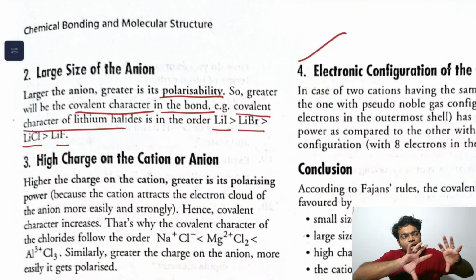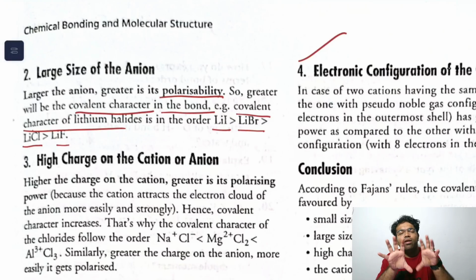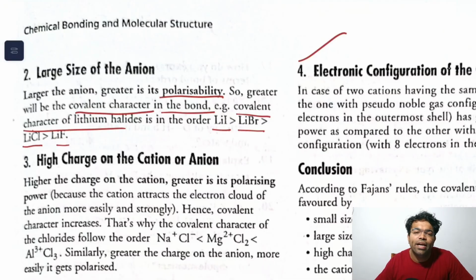So due to polarization, you are having some covalent character present. Okay, I'm sorry if I said molecule, I'm talking about a crystalline solid, an ionic compound. So lithium iodide will have a higher covalent character compared to lithium fluoride. Understood? So, Fajan's rule number one, you need to have a small enough cation. Fajan's rule number two, you need to have a large enough anion.